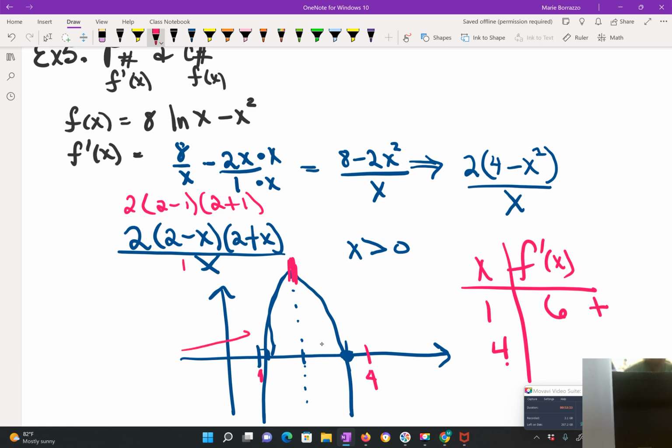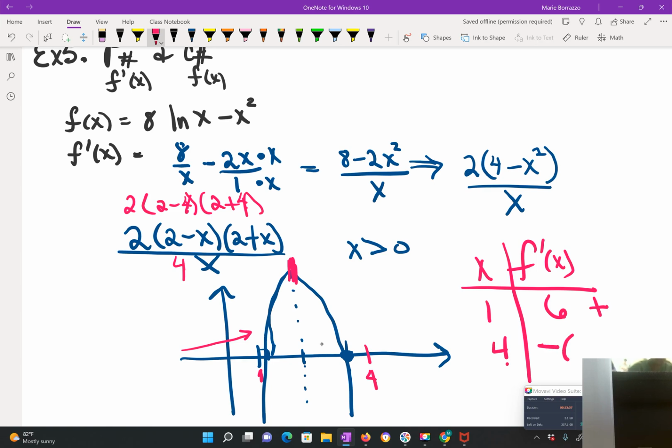On the right side, if we plug in 4 instead, notice I'm changing these to 4s. So you have 2 minus 4, which is negative 2 times 2 is negative 4. Negative 4 times 6 is negative 24. Divided by 4 is negative 6.